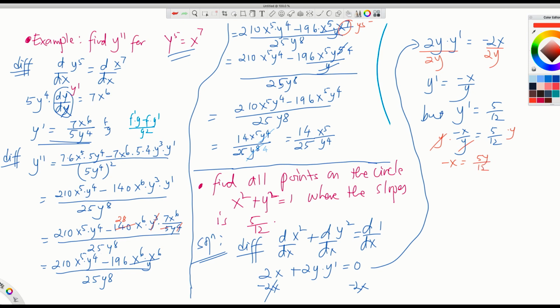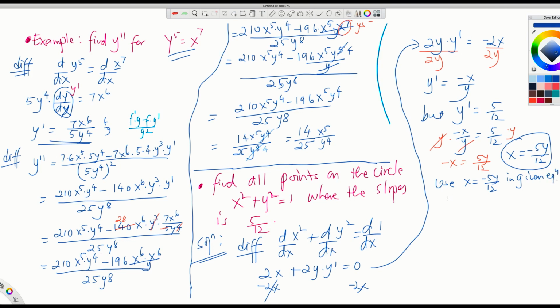So what is x? Basically x is negative 5y/12. This is the x value, but we need the points. We need the actual real number value for x. So how do I find that? I need to plug that x into the given equation. So use x equals negative 5y/12 in the given equation.